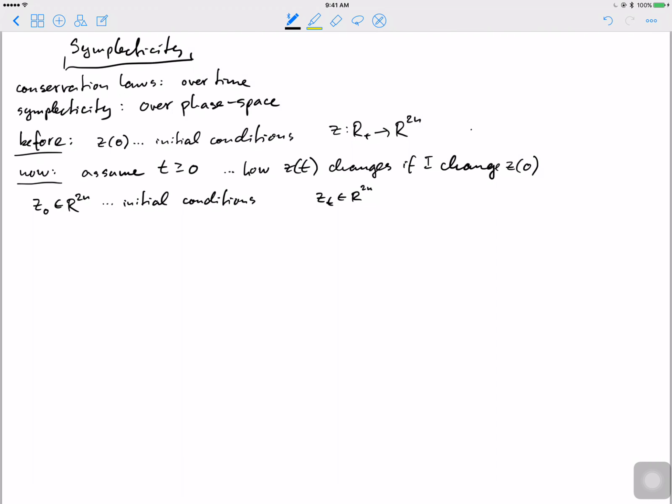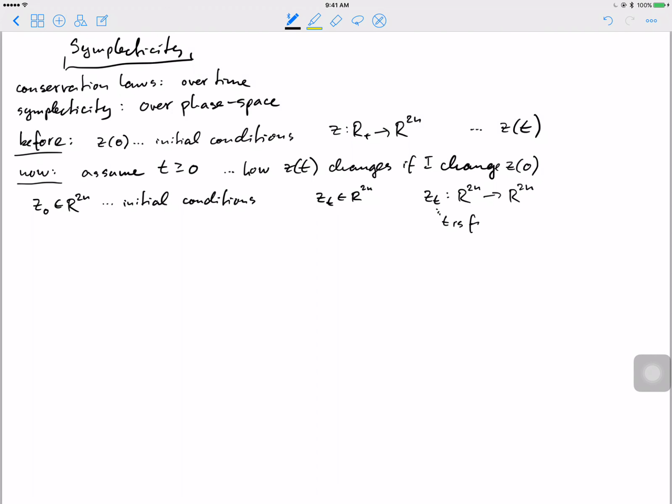Again, the same thing as before, we would write z of t, where the parentheses mean the dependence on time. But now I will study the dependence on the initial conditions. So I will view this zt, and that's really the key to understanding this, as a function of the initial conditions, a function of z0. Assume for a moment that t is fixed.